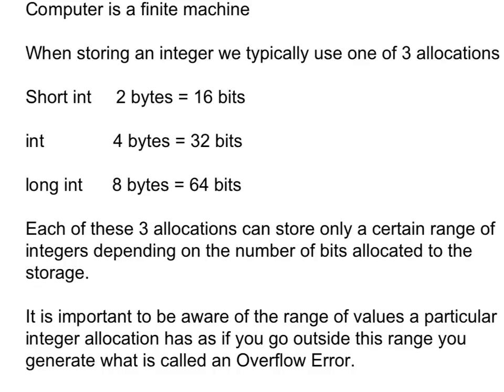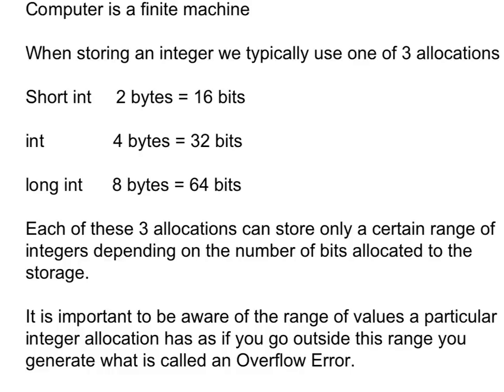A computer is a finite machine. When storing an integer, we typically use one of three allocations. Short int is where the computer allocates 16 bits to the storage of an integer. Int is where the computer allocates 32 bits or 4 bytes to the storage of the integer. And lastly, long int is where the computer typically allocates 8 bytes or 64 bits to the storage of the integer.